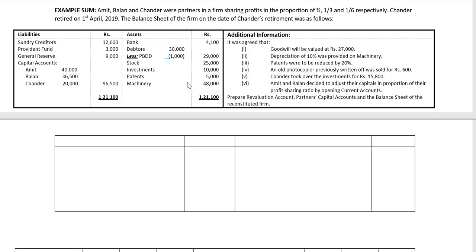Fifth point, Chandar took over the investments for rupees 15,800. And last point, Amit and Balan decided to adjust their capitals in proportion of their profit sharing ratio by opening current accounts. We are asked to prepare the revaluation account, partners' capital accounts and the balance sheet of the reconstituted firm.